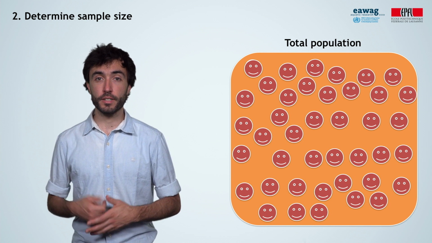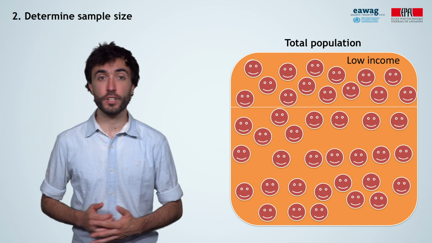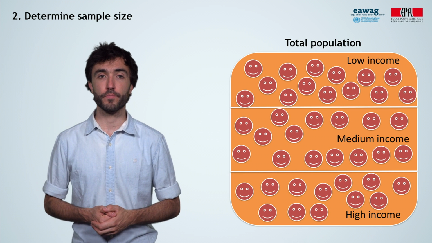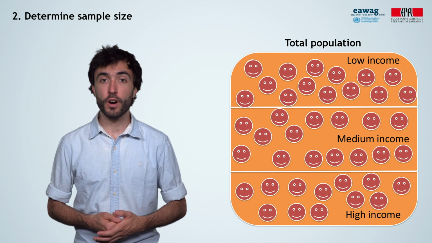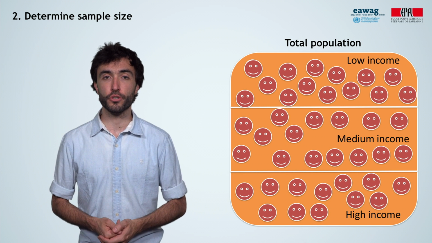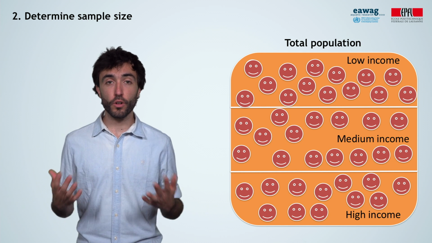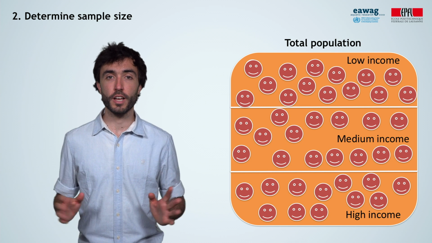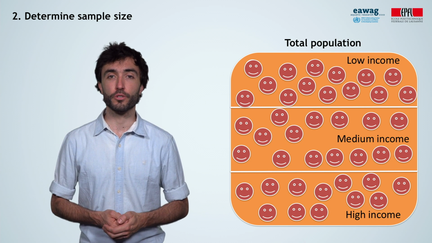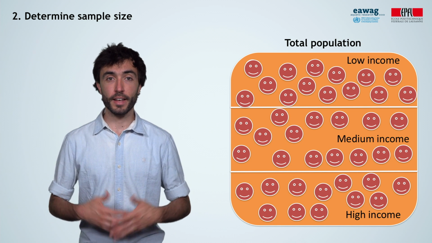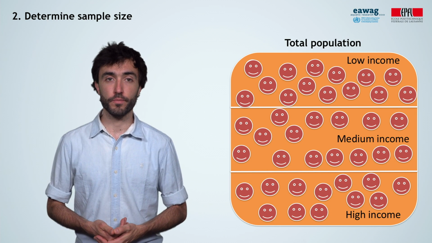Therefore, it might make sense to distinguish 3 different household types: high, middle, and lower income households. The question that you are probably asking now is, how many households from each category should be considered? The methodology to calculate the precise sample size is well explained in many other sources and is therefore not covered in this module. However, we provide additional relevant material on this topic in the end of this 2-part module.